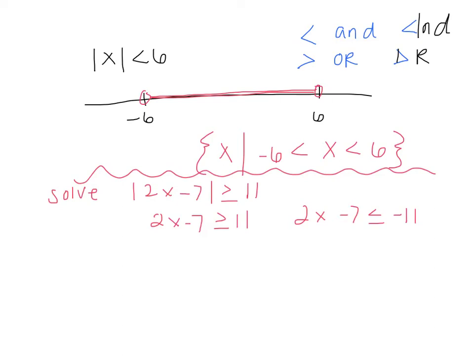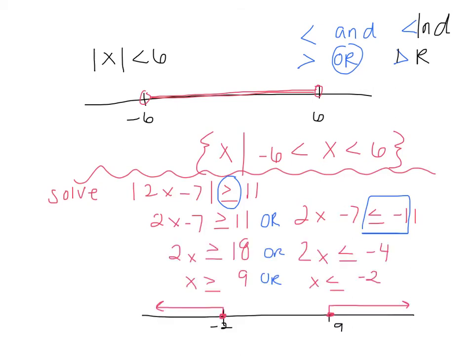For this example, we have a greater than or equal to sign, so we will be using or. To determine our second inequality from an absolute value inequality, we need to flip the sign and the inequality before we graph our solution set.